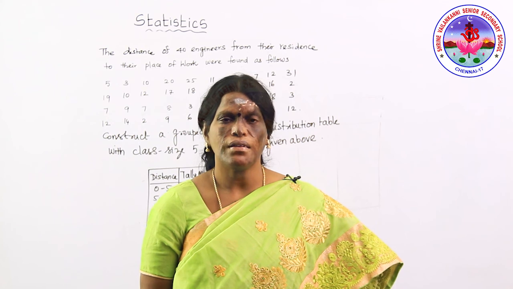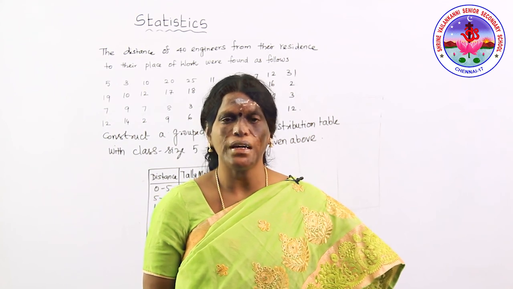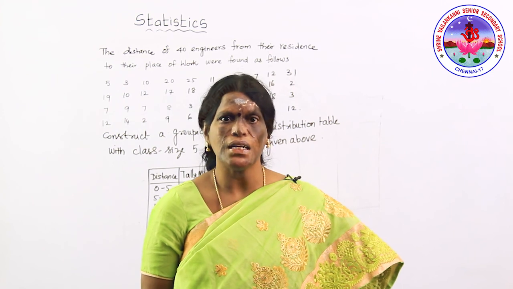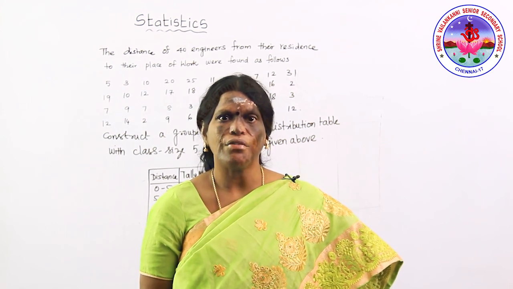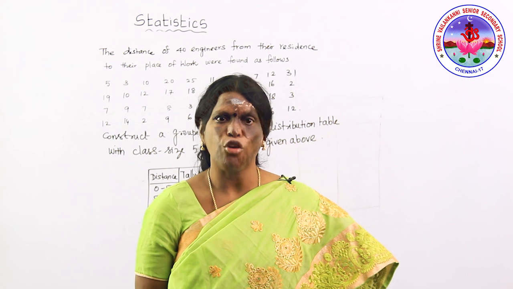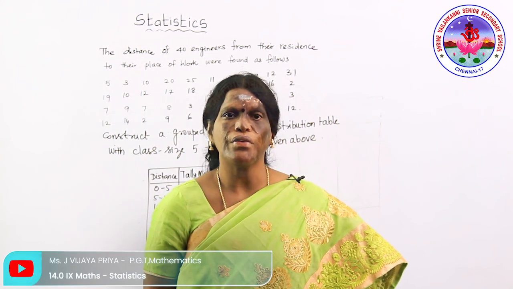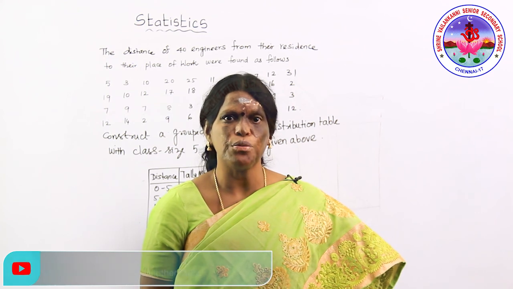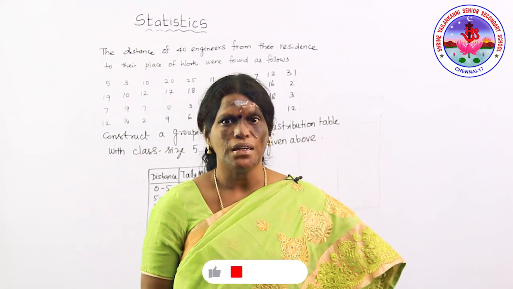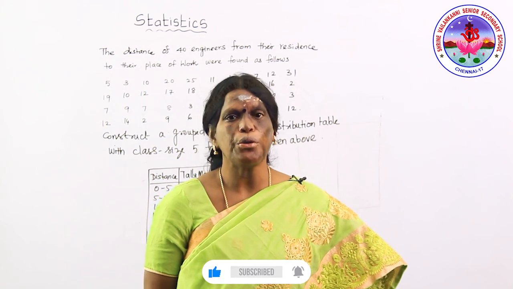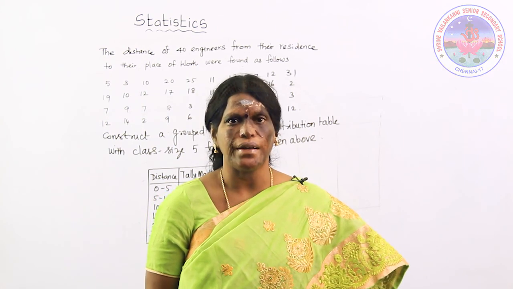Thus we have seen the definitions of ungrouped data and grouped data, and how we distributed the data under ungrouped, found the frequency and formed the frequency table. As well as for grouped data, we defined the data under certain groups, framed the frequency, and found the frequency distribution table for grouped data and ungrouped data.